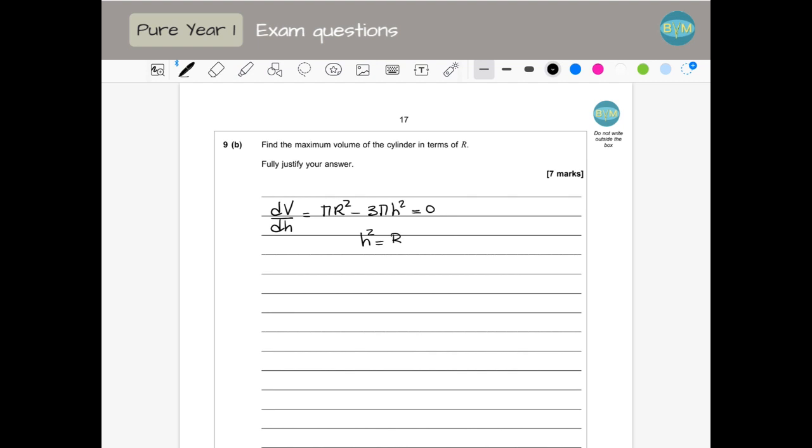I'm going to do h squared first. R squared divided by 3, which means that h is R divided by root 3.